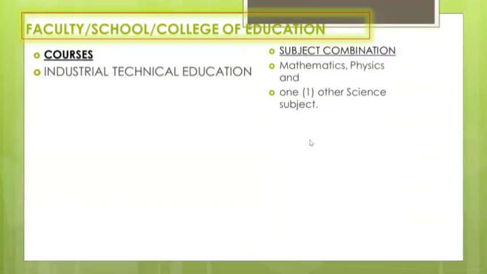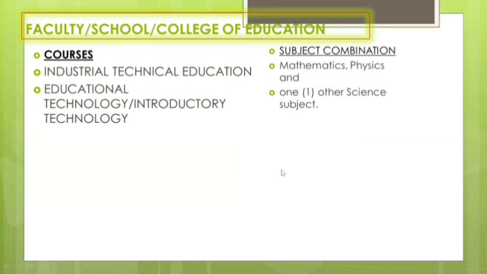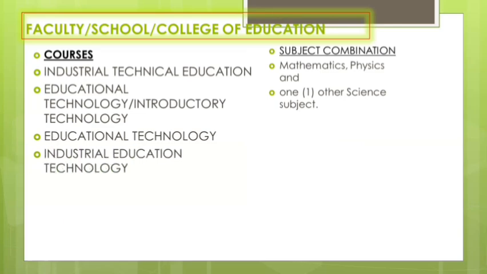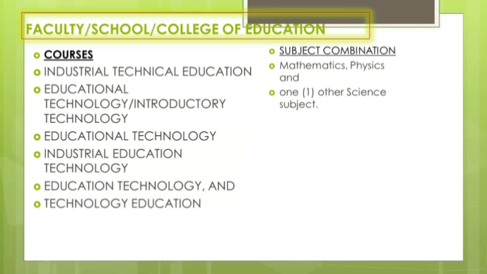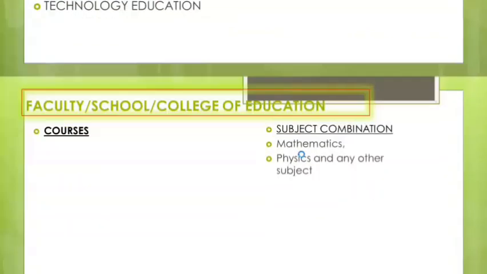For candidates applying for industrial technical education, educational technology or introductory technology, industrial education technology, and technology education, you are to sit for mathematics, physics, and one other science subject.